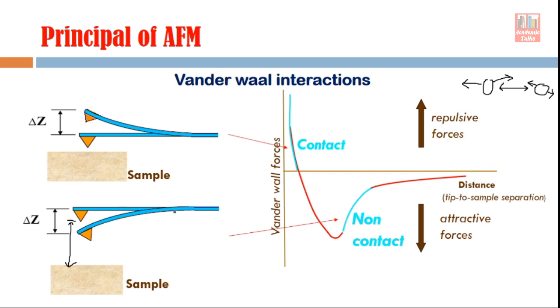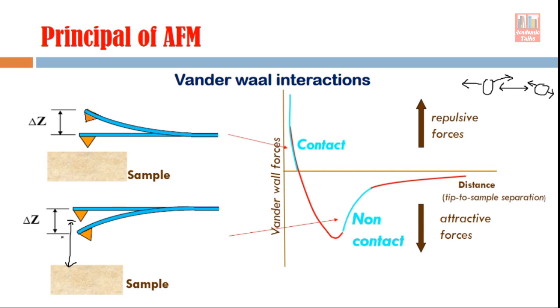So as the gap is large, the attractive forces are taking place between the tip and sample surface. Now because of the attractive forces, this cantilever, which is a flexible structure, will bend in the downward direction. And how much bending there is as compared to its initial position, that is delta Z. Again, how strong these attractive forces are will decide how much is delta Z.